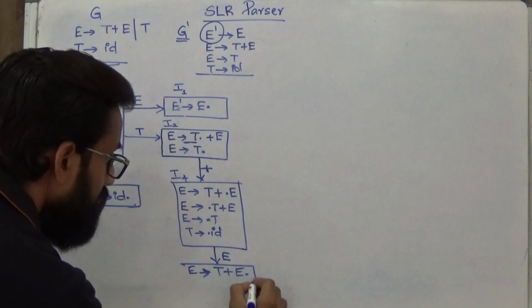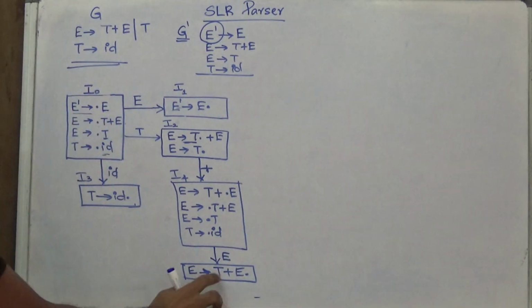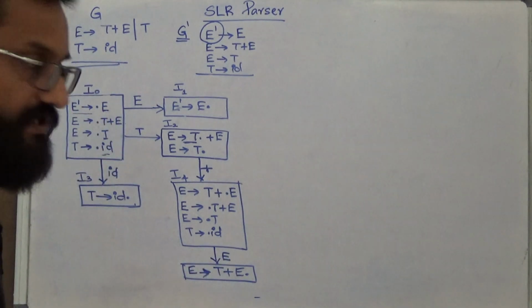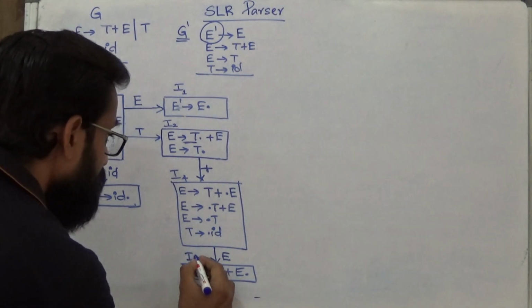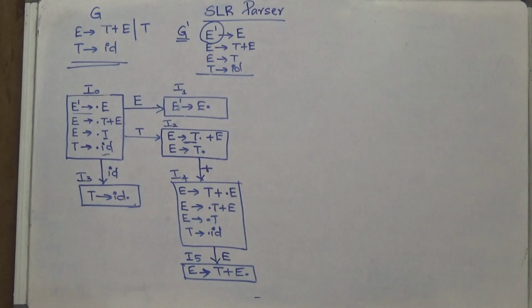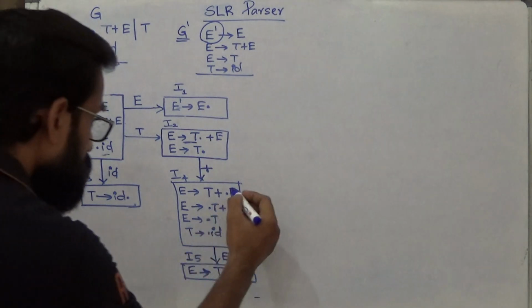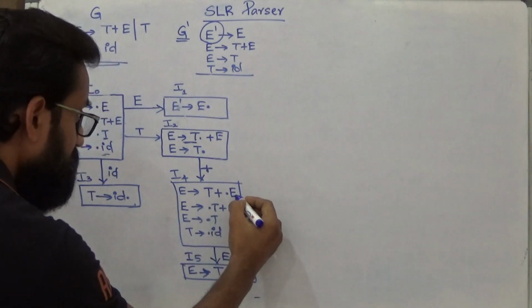That will be over. And if I take the closure of this item set, it will remain the same. So let this be I5.